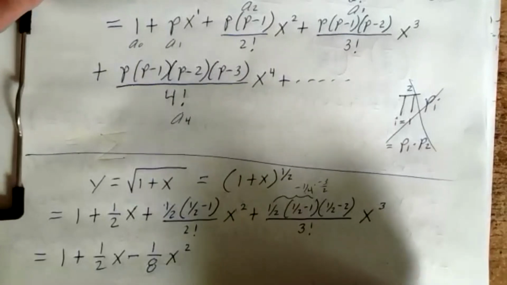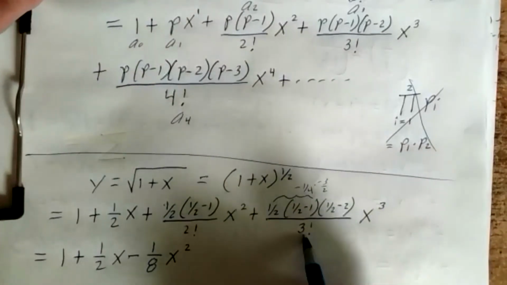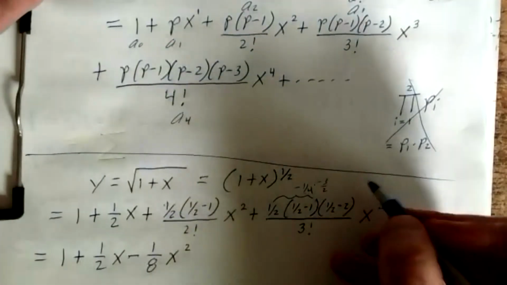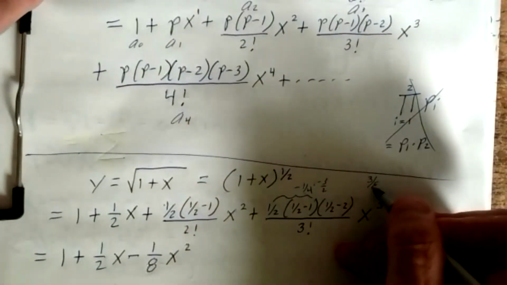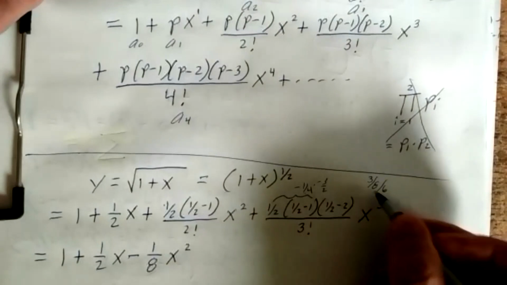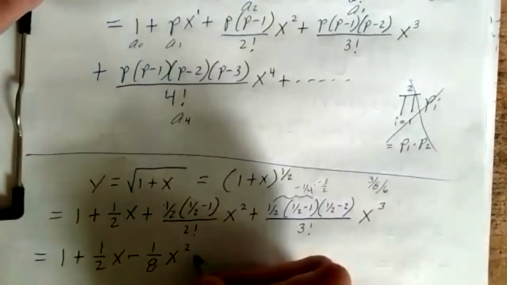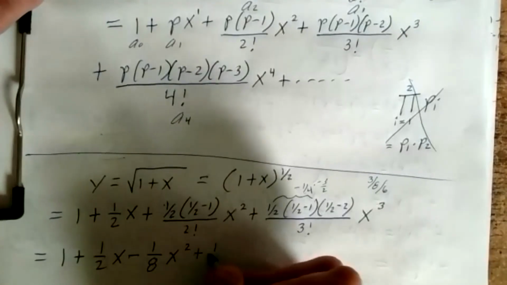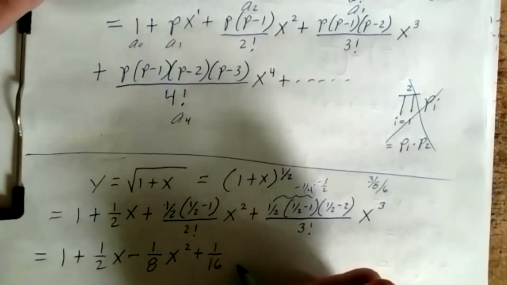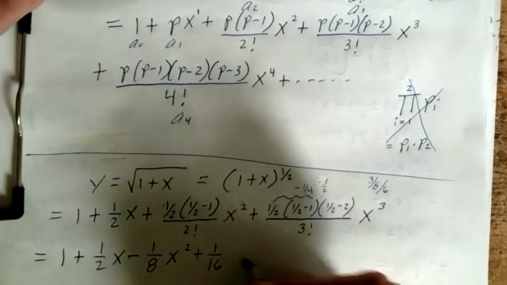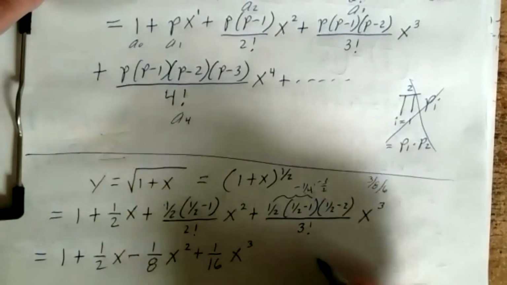That's going to be 3/8, all right? And 3/8 divided by 3 factorial. 3 factorial is 6. So 3/8 divided by 6 is going to be 3 over 48, which reduces down to 1/16 x cubed. And there you go.